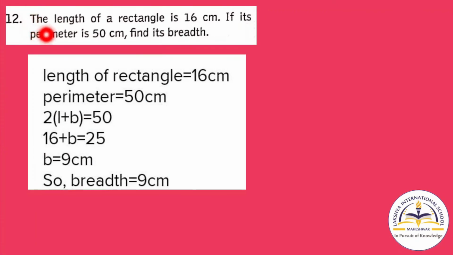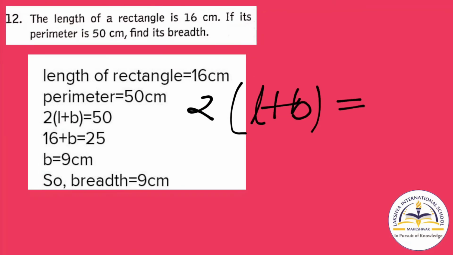Now question number 12. The length of a rectangle is 16 centimeter. If its perimeter is 50 centimeter, find its breadth. So length of rectangle equals 16 centimeter, perimeter is 50 centimeter. This is given. Now we know the formula of perimeter, that is 2 into length plus breadth equals perimeter, that is 50.